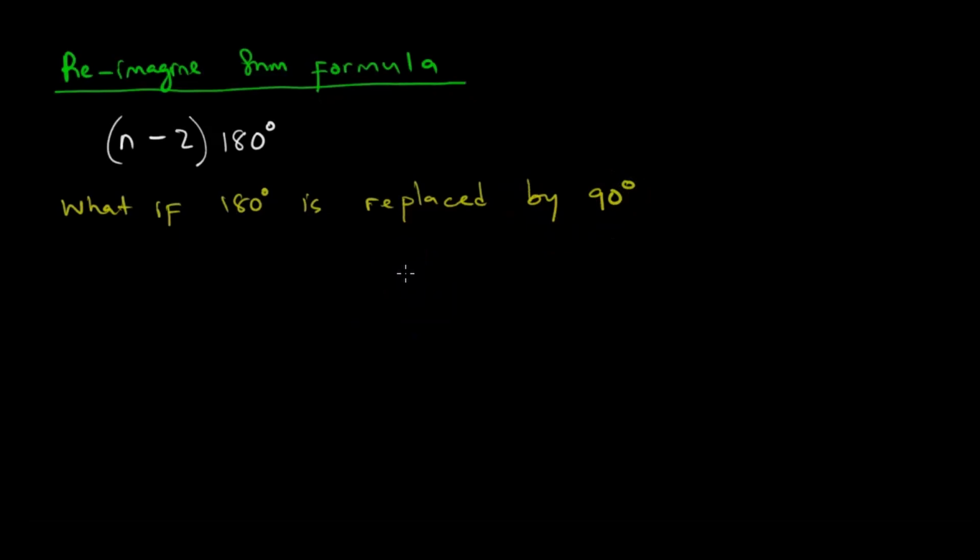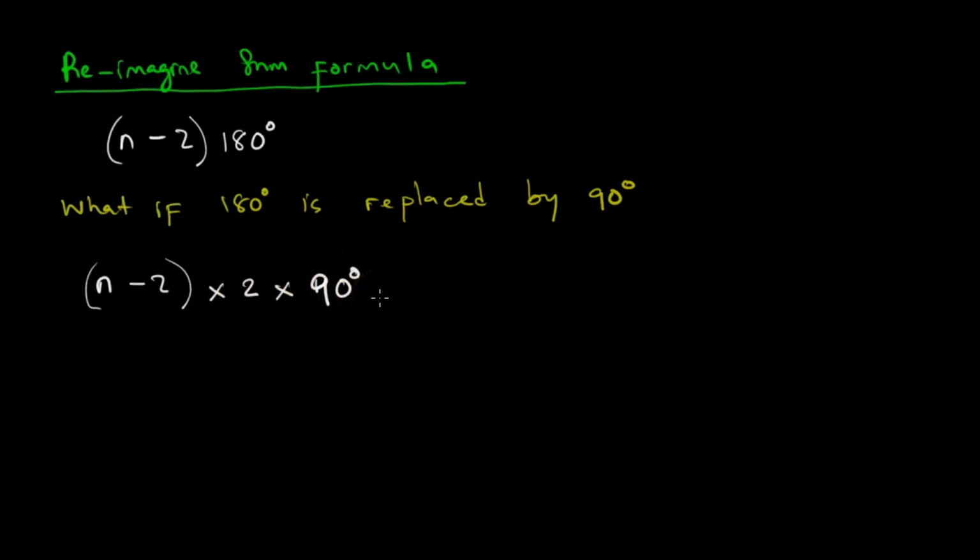So this is just an additive. Otherwise, you know (n minus 2) times 180. So at this point, we can write this 180 like this: times 2 times 90.